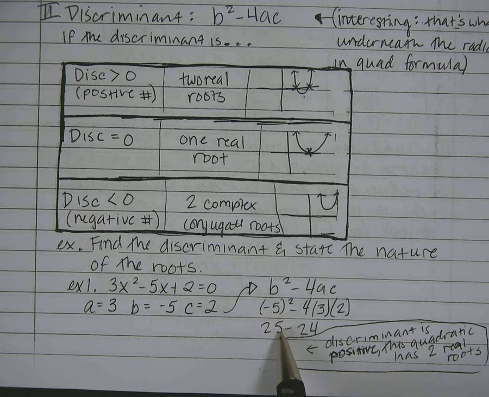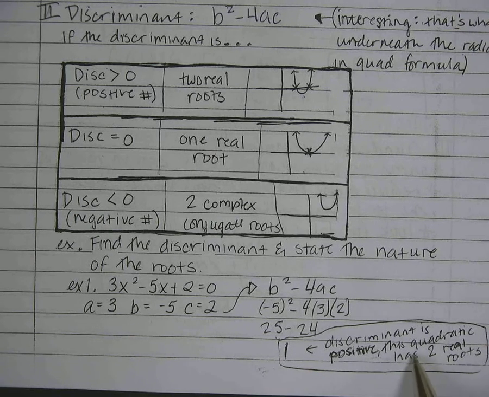Negative 5 squared is 25, not negative 25. And then 4 times 3 times 2 will be 24, from 4 times 3 being 12 times 2 is 24. So 25 minus 24, that's 1. This is a positive number. So this means this quadratic has 2 real roots, and that's the conclusion that we want to reach from that.